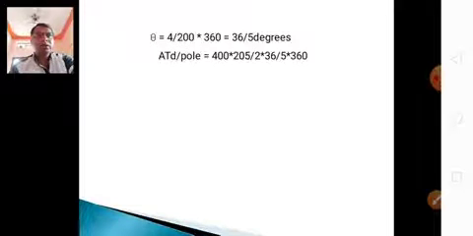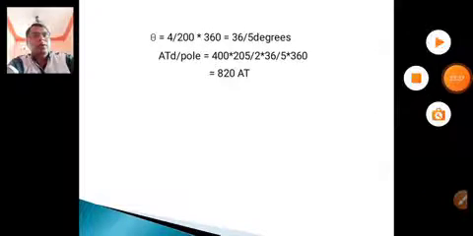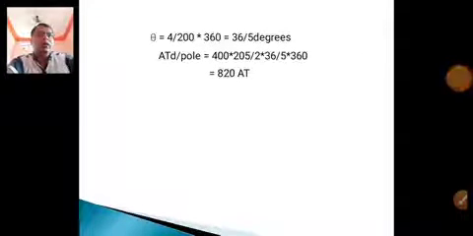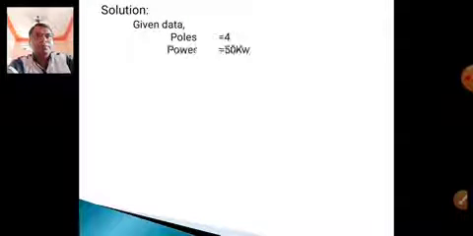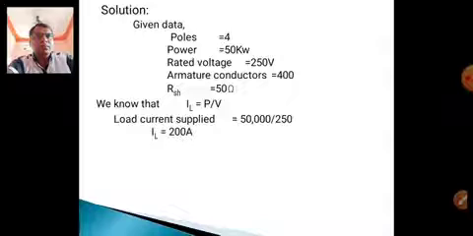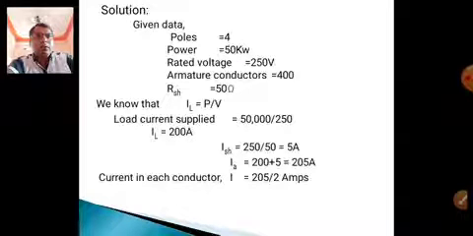So theta equal to 4 by 200, that into 360, that is 36 by 5 degrees. In the problem, theta is given as 4 commutator segments.